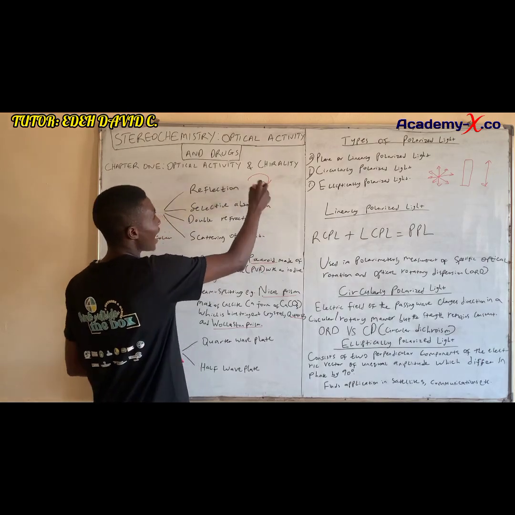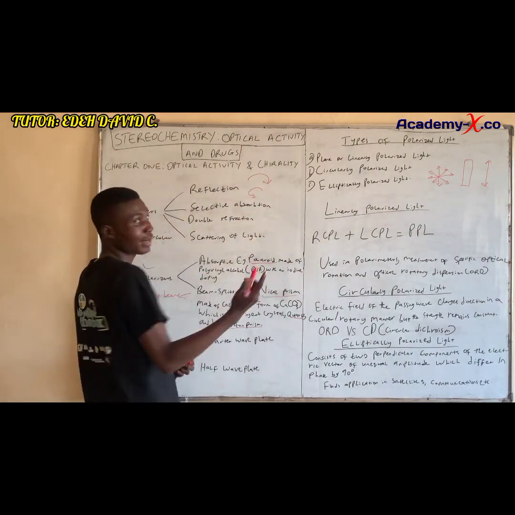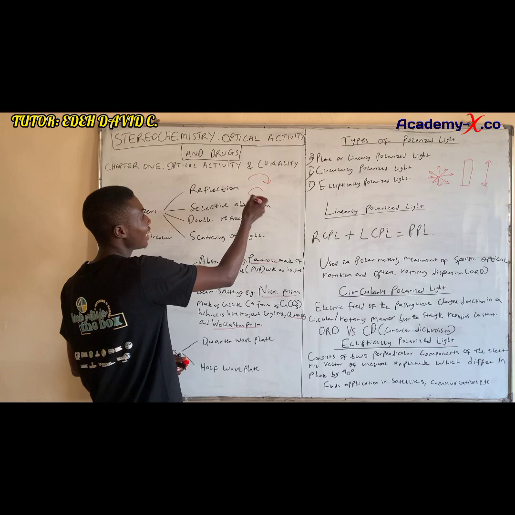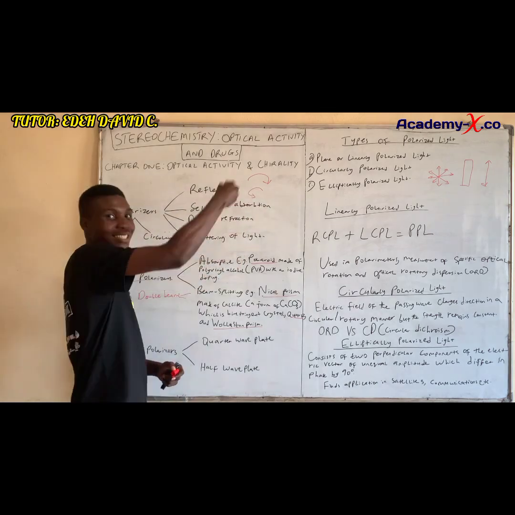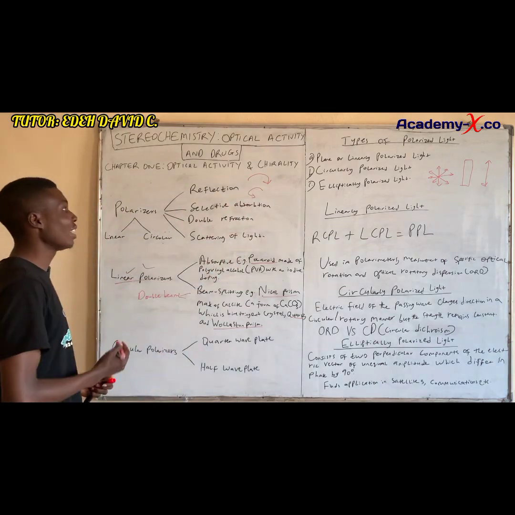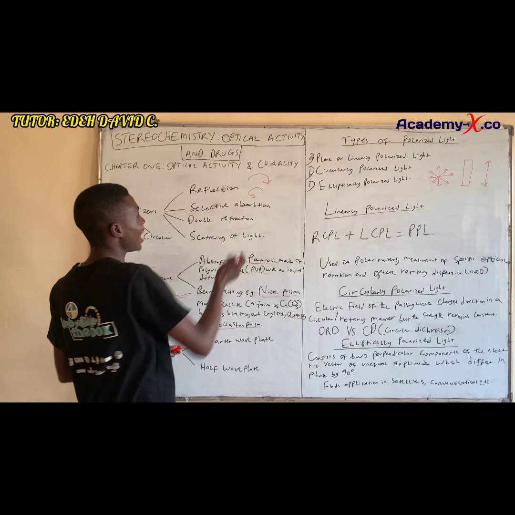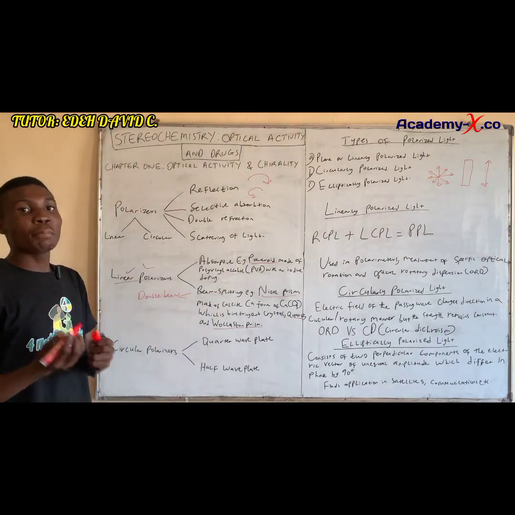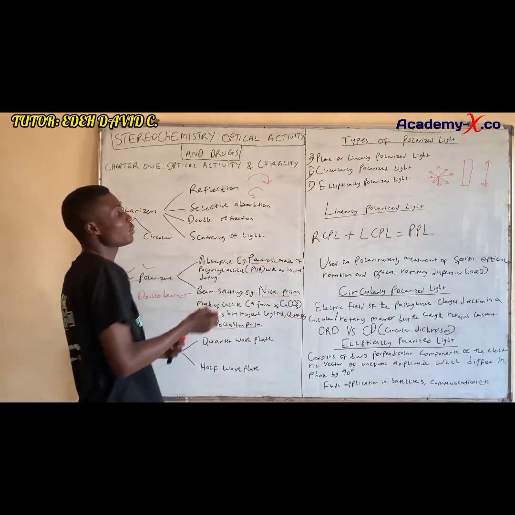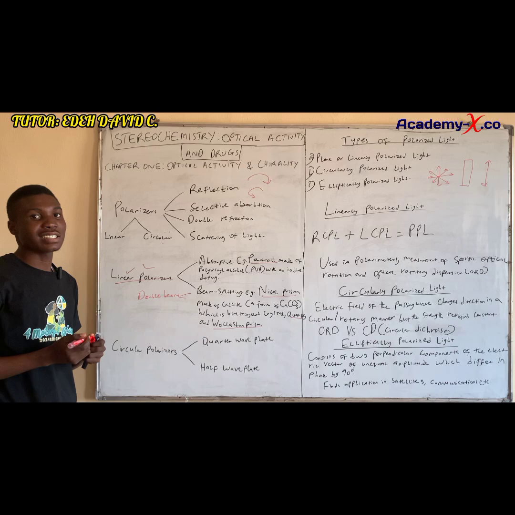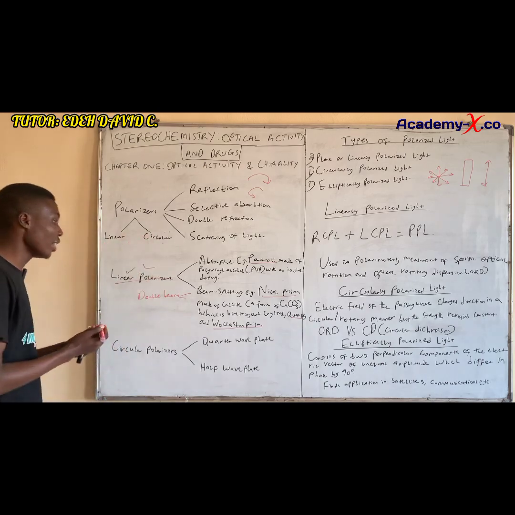So this is clockwise or right-handed or rectus. Do you remember that? And this is left-handed or anticlockwise or sinister, S, which we talked about at the beginning. So if it is rotating right, we call it right circularly polarized light, and if it's rotating left, we call it left circularly polarized light. So that shows chirality in a way.